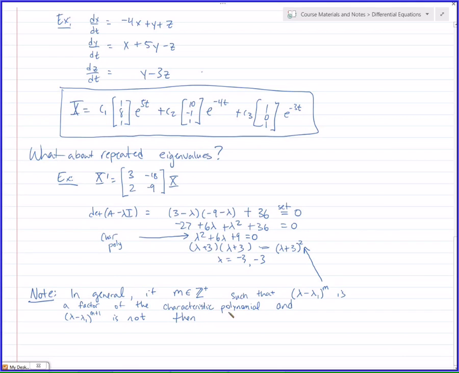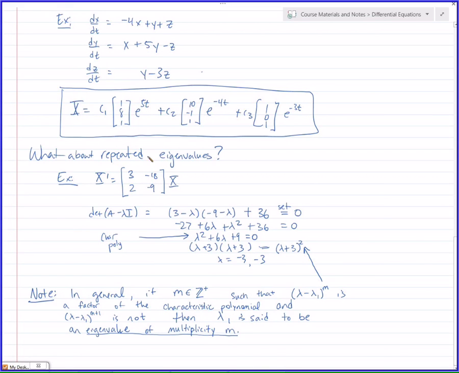Then that lambda 1 is said to be an eigenvalue of multiplicity m. I just wanted to formally state what I meant when I said it has multiplicity.